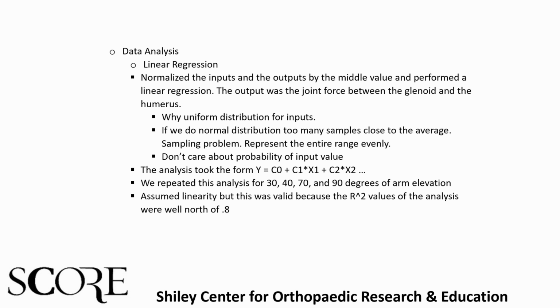And we repeated this analysis for the output at 30 degrees, 40 degrees, 70 degrees, and 90 degrees of arm elevation. So for each level of arm elevation, we had an output, and we did this sensitivity analysis for each degree of arm elevation.